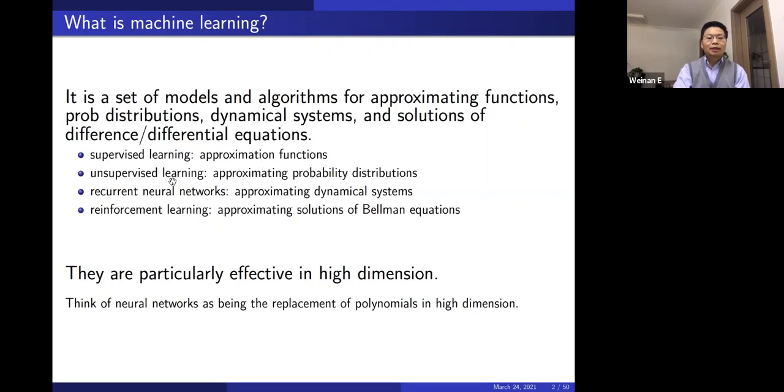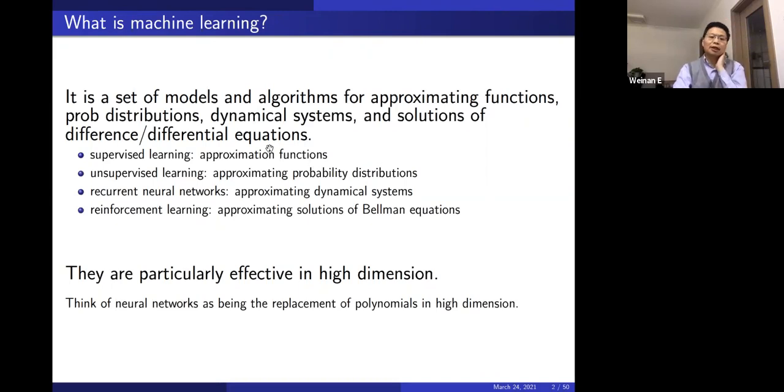Unsupervised learning is about approximating probability distributions. Recurrent neural networks are about approximating dynamical systems, and reinforcement learning is about approximating solutions of Bellman equations. In this talk, most of what I do is related to supervised learning.